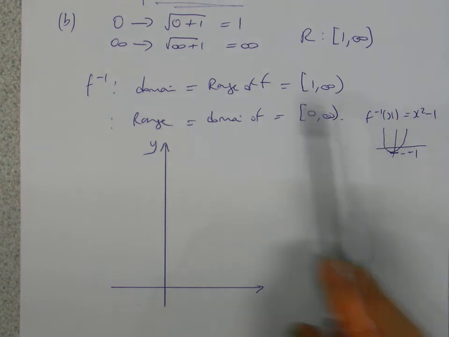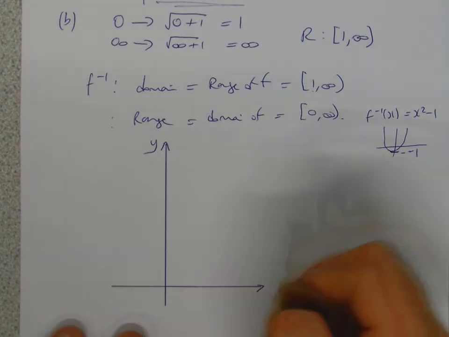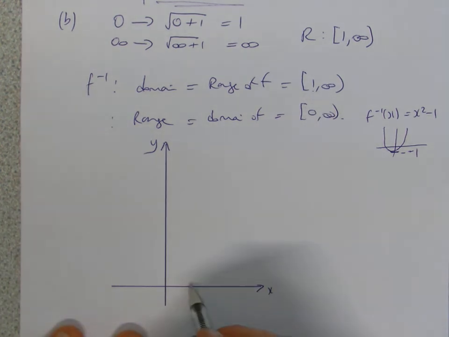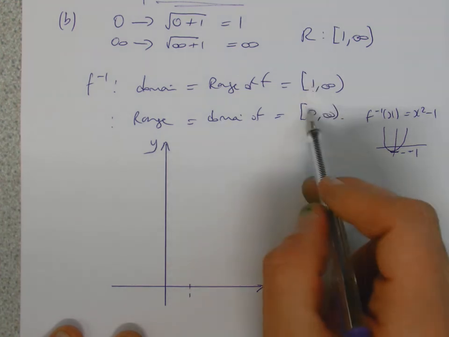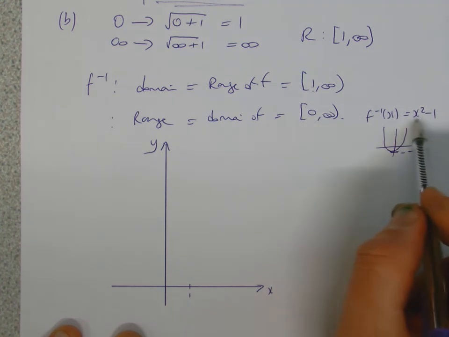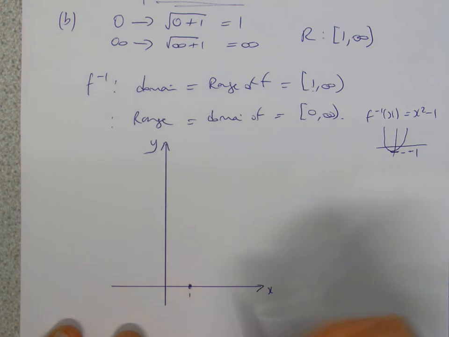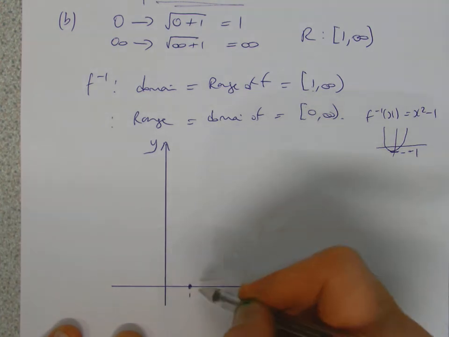But we want to go from 1 to infinity on the x-axis, because that's the domain of it. So we start here at 1. Now the value 1 actually turns out to be 0 in the range, when you put 1 in here, you get 0. So the lowest point there is going to be here. So if I drew my curve, it would go through that point.